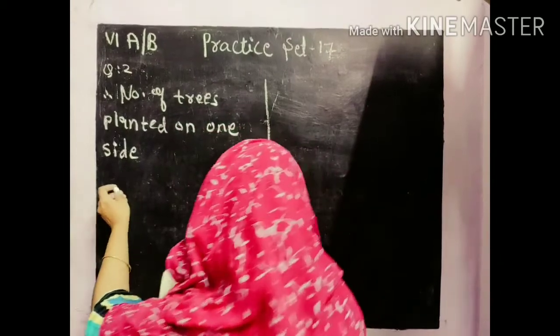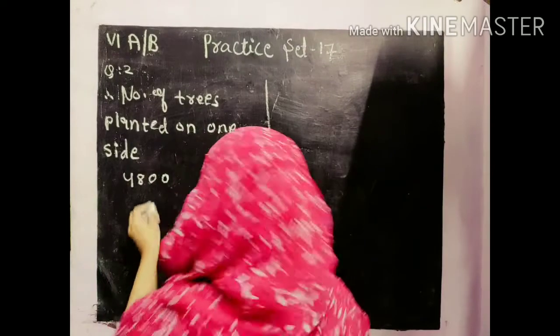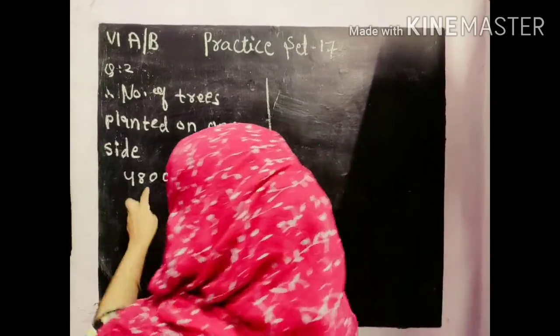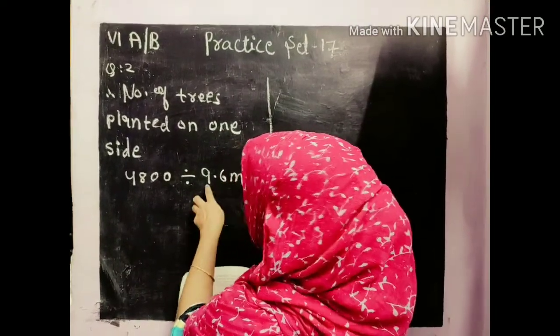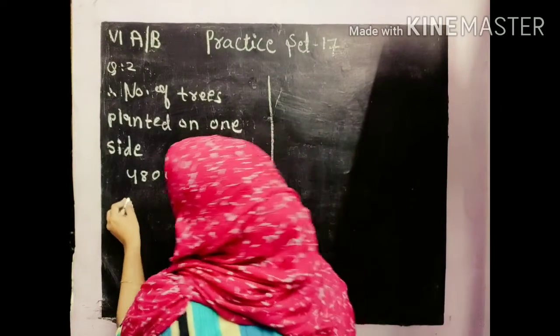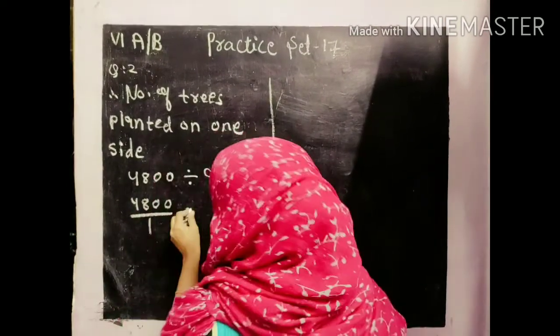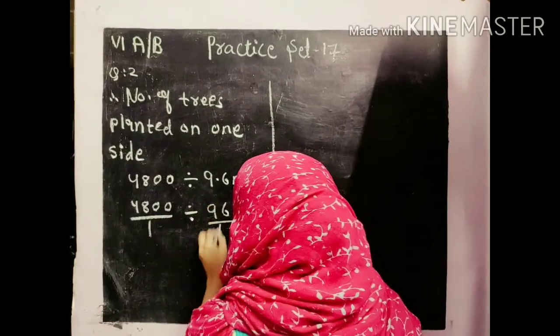So here we will write 4800 divided by 9.6 meter. Here again the distance has been given in decimal form. So we will write 4800 divided by 96 upon 10.